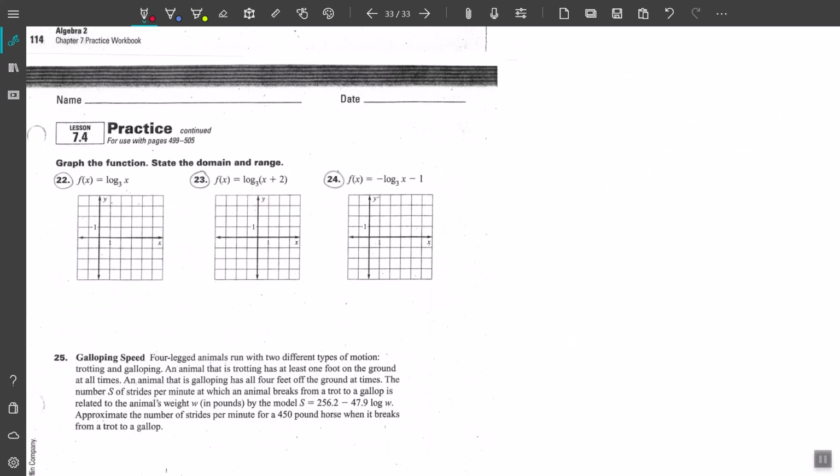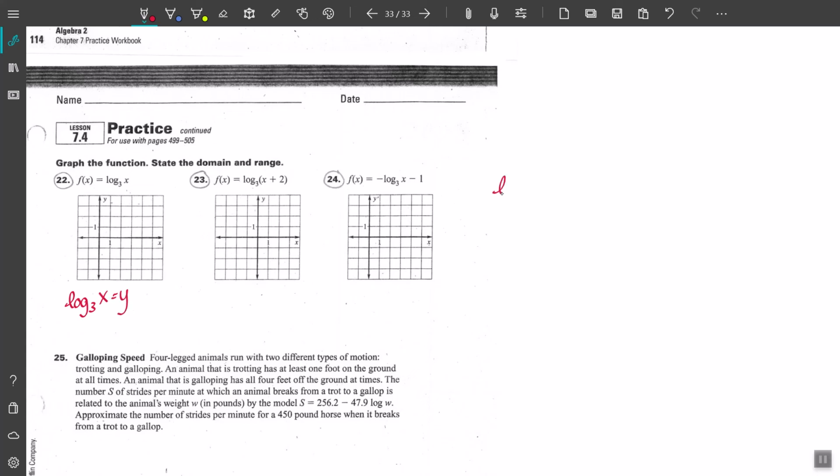Now, in order to graph a function in logarithmic form, we have to change it to exponential form. So on 22, we're going to work to change that log base 3 of x to exponential form. I'm going to call f of x y, and I'm actually going to put that on the other side again so that it matches our base form a little bit better.